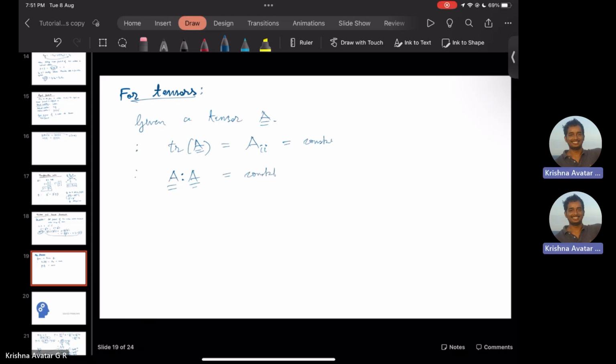These are the first and second invariants, and the third invariant is that the determinant of a tensor is also constant. So these are the invariant quantities for tensors. Then we have eigenvalues and eigenvectors.